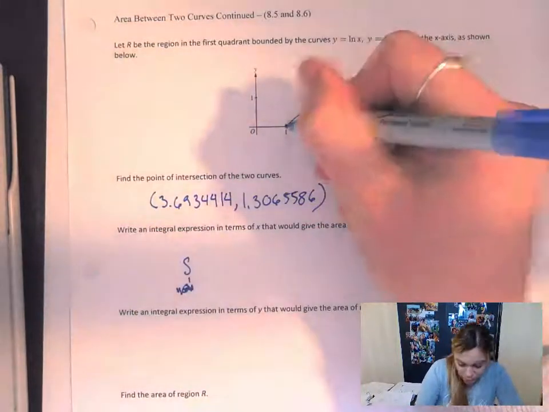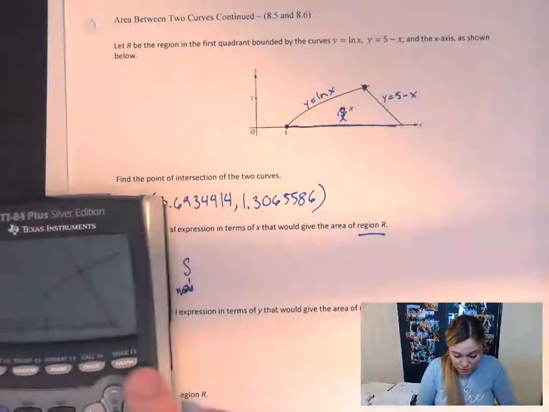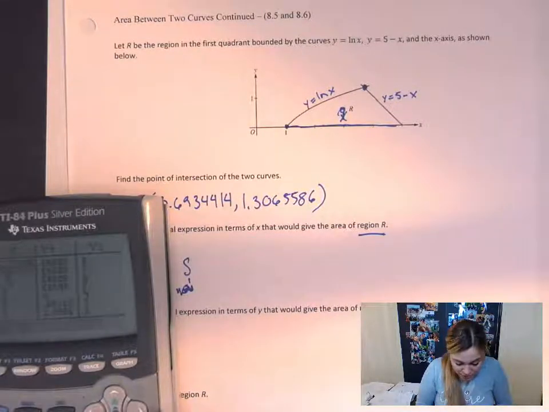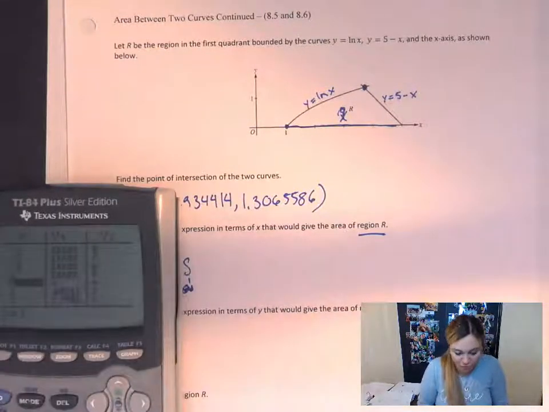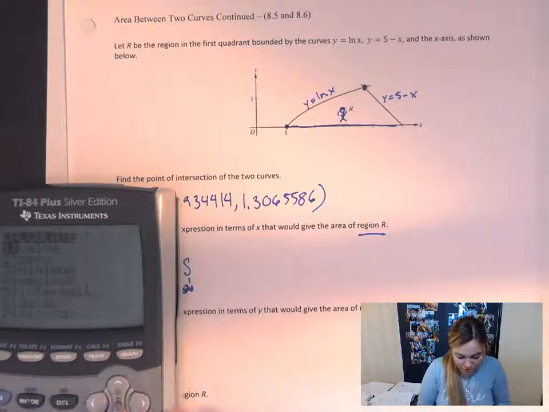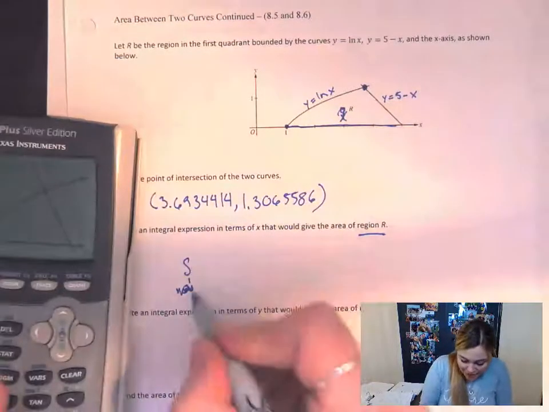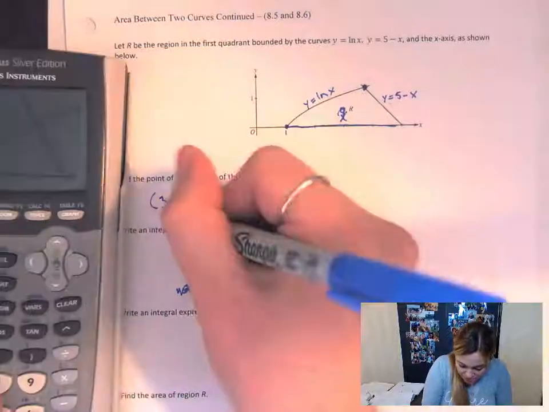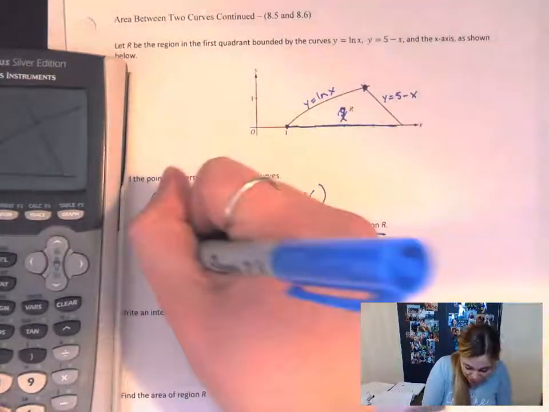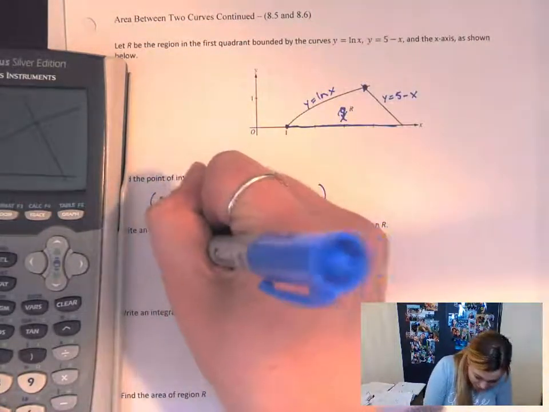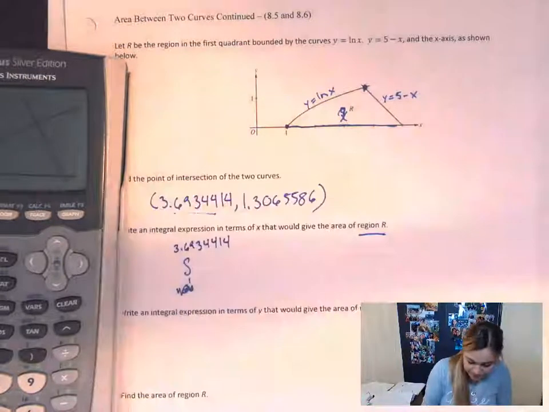1. And if you weren't sure about that and you're like, you know what, I need to just really make sure that x equals 1. Yeah, 1, 0. There's a point on that graph. Whew, we're good. Because I never want to assume anything. I'm going to integrate from 1 to this x value, this point of intersection, which is 3.6934414.